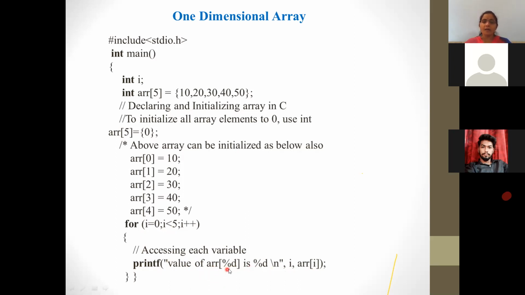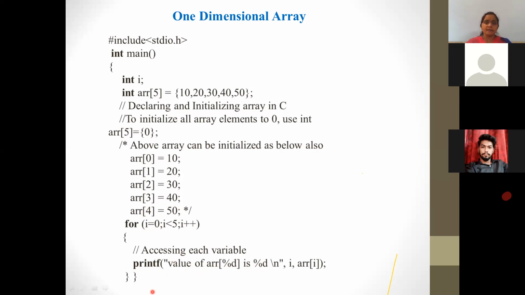Value of ARR[1], %d means index 1, is 20. Value of ARR[2] is 30. Value of ARR[3] is 40, and value of ARR[4] is 50. See here, ARR[4] is equal to 50, ARR[3] is equal to 40. So the output will be printed on the screen like this.